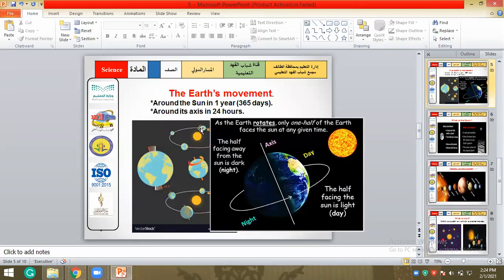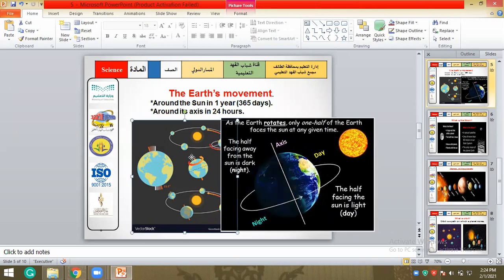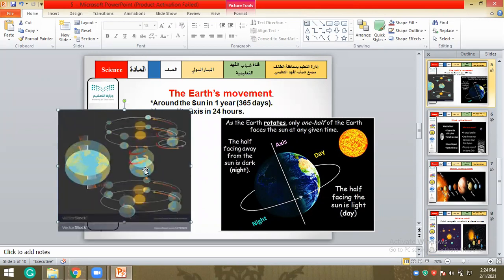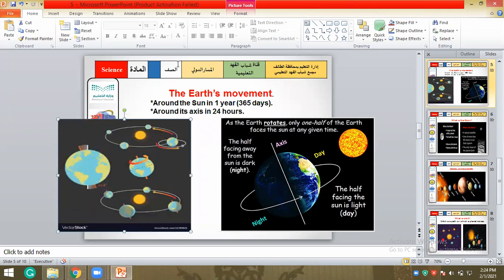Then we have the Earth's movement. The Earth is moving. The Earth has two types of movement. Number one, as you can see here, is around the sun. It's moving around the sun, revolving, or rotates, whatever you want to say.